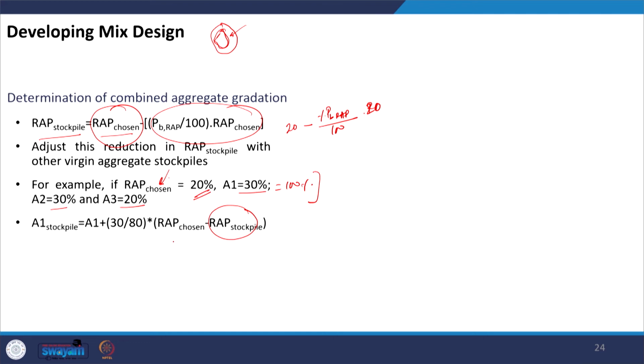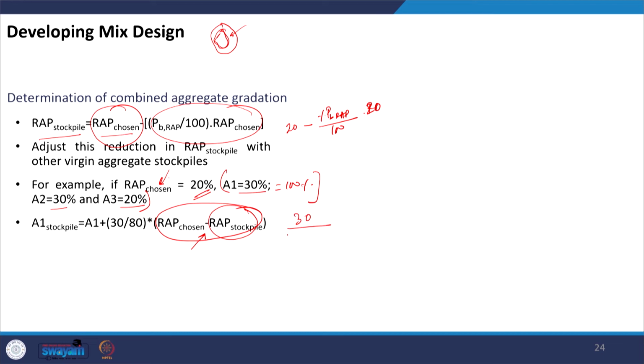So, we will adjust the other stockpile. So, how we adjust the other stockpile? By proportioning. So, this is the difference we are obtaining, is not it? Wrap chosen minus wrap stockpile. This amount we have to adjust in other stockpile. So, what we are doing? We are increasing the other stockpile corresponding to the proportion of the remaining stockpiles. So, just to avoid confusion, you look at these three values A1, A2 and A3. Okay. So, what is the proportion of A1 corresponding to A1, A2 and A3?